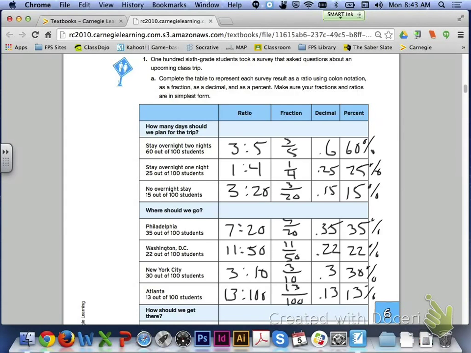For your decimals, you should have 6/10, 25/100, 15/100, 35/100, 22/100, 3/10, and 13/100. And finally, for the percents, 60%, 25%, 15%, 35%, 22%, 30%, and 13%.